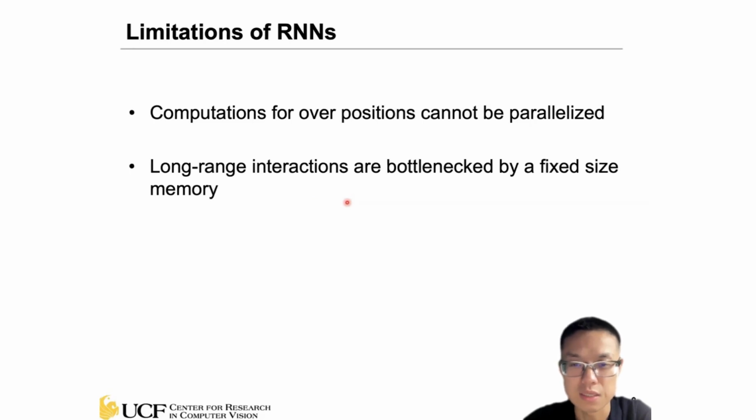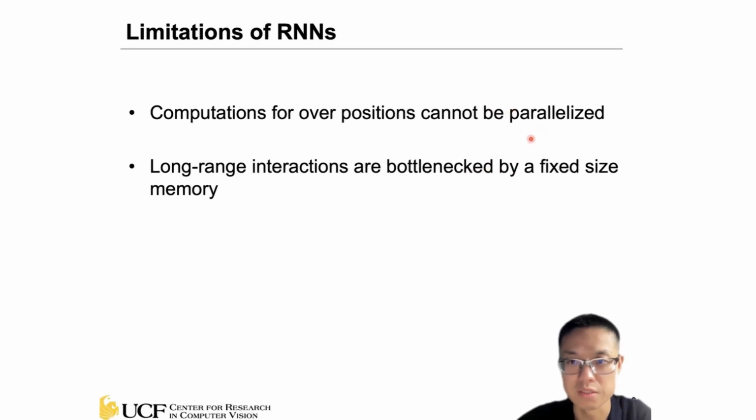Understanding this long-term context is also very important for tasks like event understanding. We could have a very complex event composed of sub-actions, so we need to understand the order or correlation of those sub-actions, then we are able to understand the entire event. That requires very long-range understanding, but this is a limitation for the RNN because of the fixed-size memory.